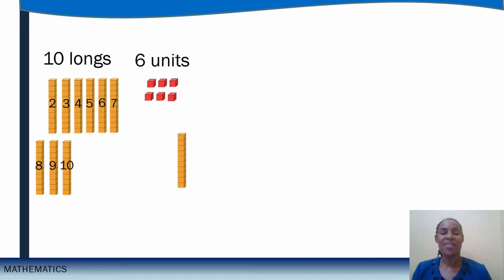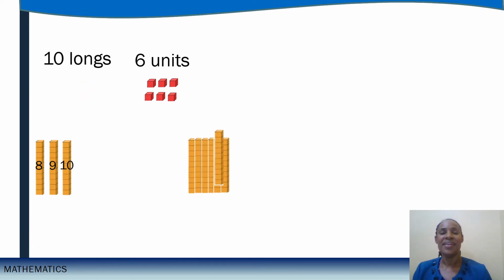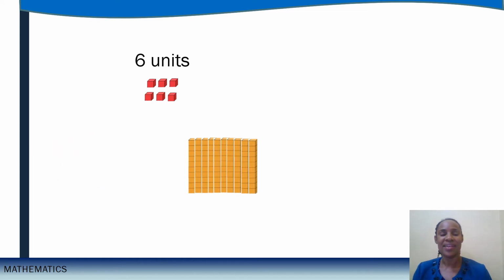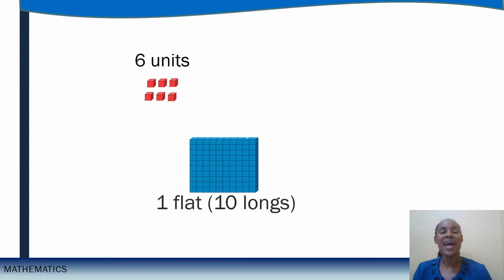So there we have it. 1, 2, 3, 4, 5, 6, 7, 8, 9, 10 longs. And we will rename our 10 longs as one flat. Do you remember the value of one flat? Excellent. One flat has a value of 100.